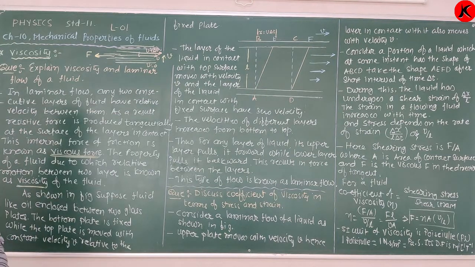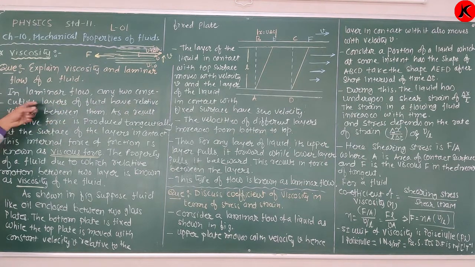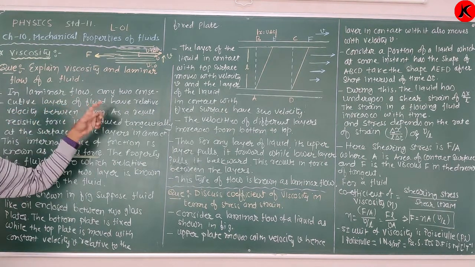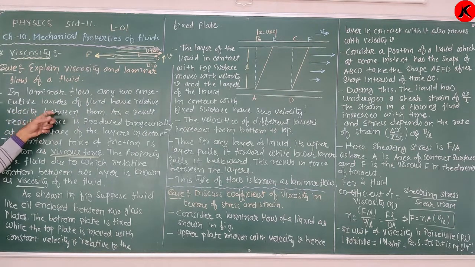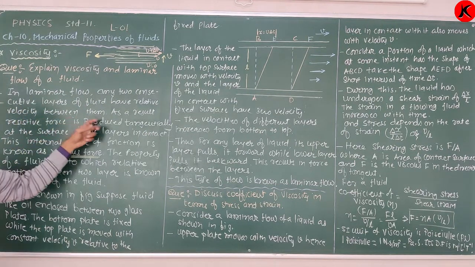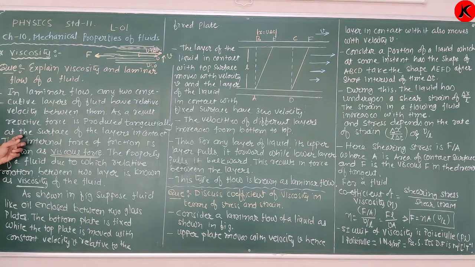Again, what is the viscous force and what is the viscosity? For laminar flow, any two consecutive layers of the fluid have a relative velocity between them. As a result, a resistive force is produced tangentially at the surface of contact.